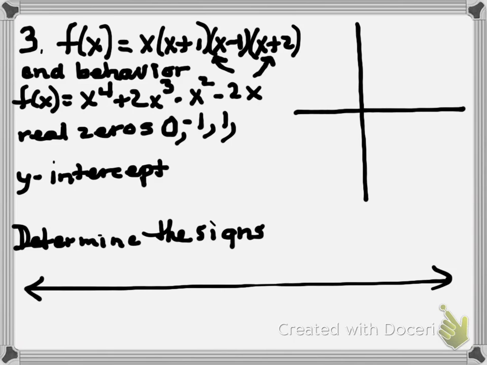And x plus 2 gives you negative 2. The y-intercept, where the graph crosses the y-axis, I let x equal 0. So the y-intercept is 0.